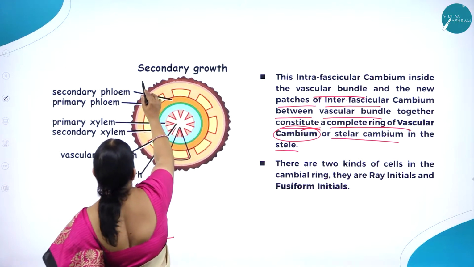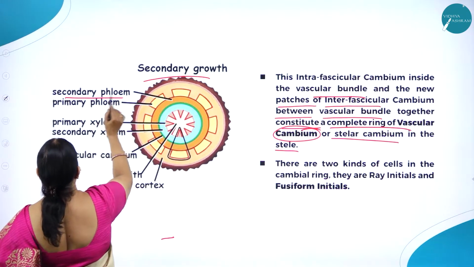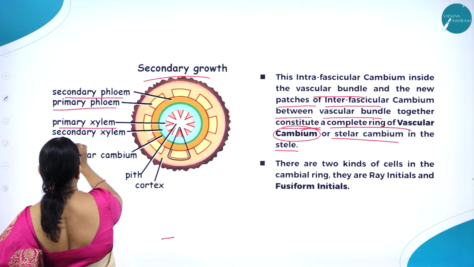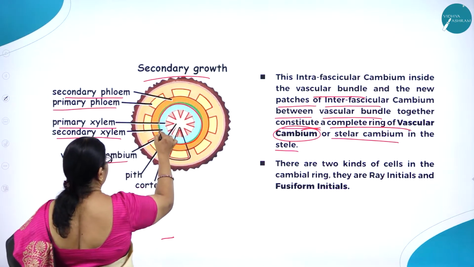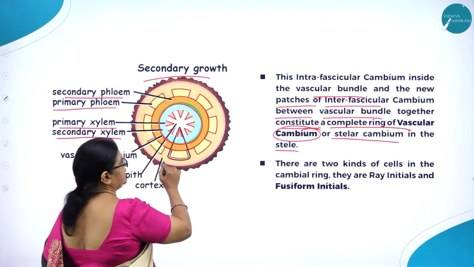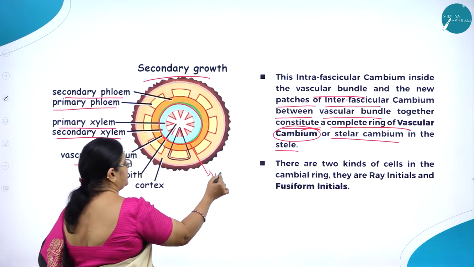Here you can see the secondary growth: secondary phloem, primary xylem, secondary xylem, and the vascular cambium.